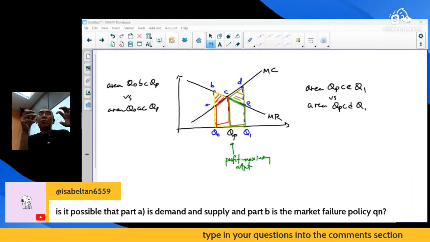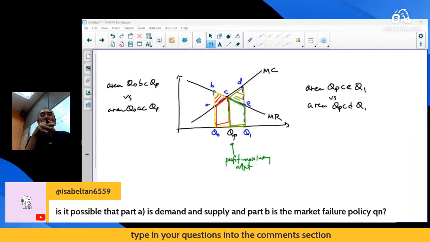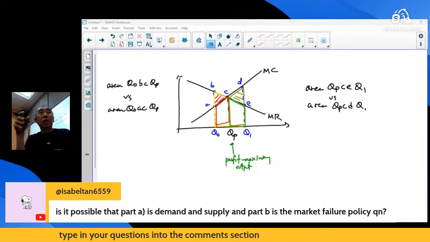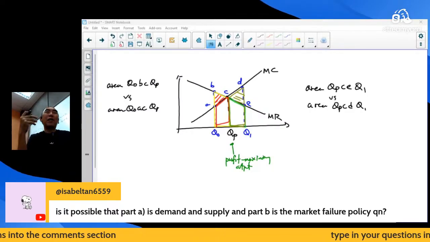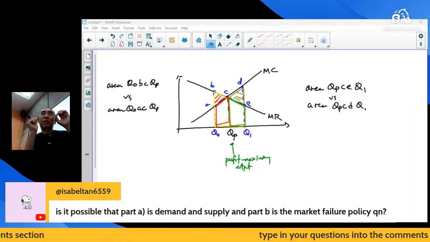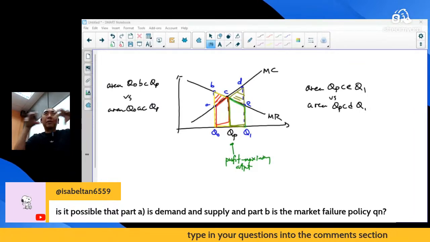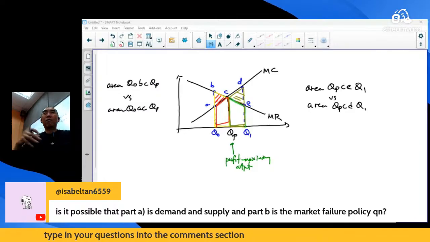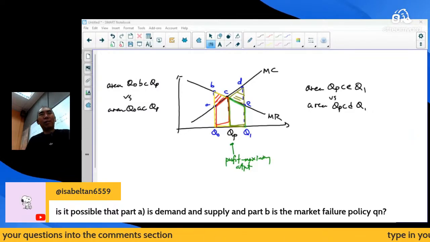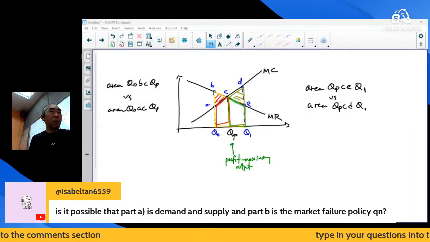Part A will ask you to explain the problem that the market is facing before you have to talk about the policy. So I find it rather weird unless the school teacher purposely wants to set the two questions A and B in two different chapters for the sake of testing a wider range of topics. Otherwise, A and B won't flow. But is it possible? Sure.